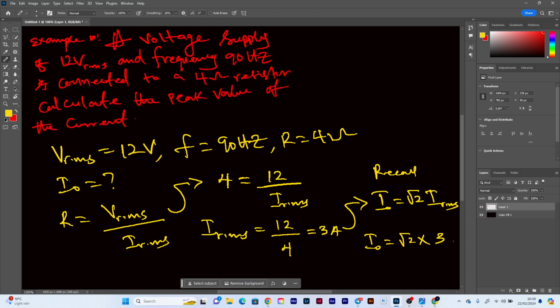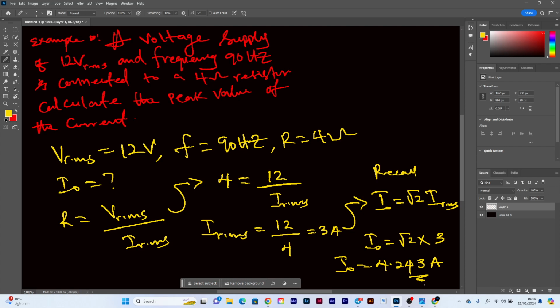So root 2 multiplied by 3 will give us the peak current equal to 4.243 ampere. So that's the peak current.